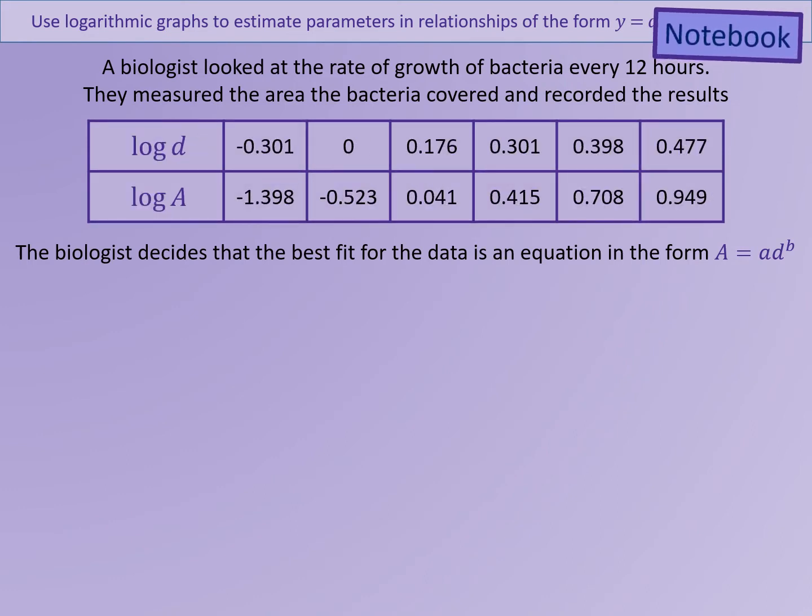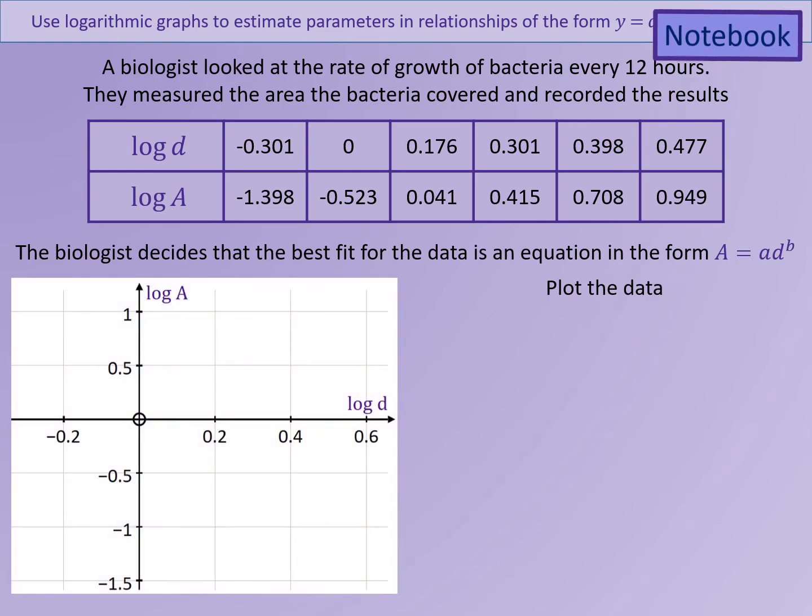So I've now changed my table to those values that I've just found. And what I'm now going to do is I'm going to plot a graph of log A against log D. And if I do that, then what you can see is that I have a linear relationship now.